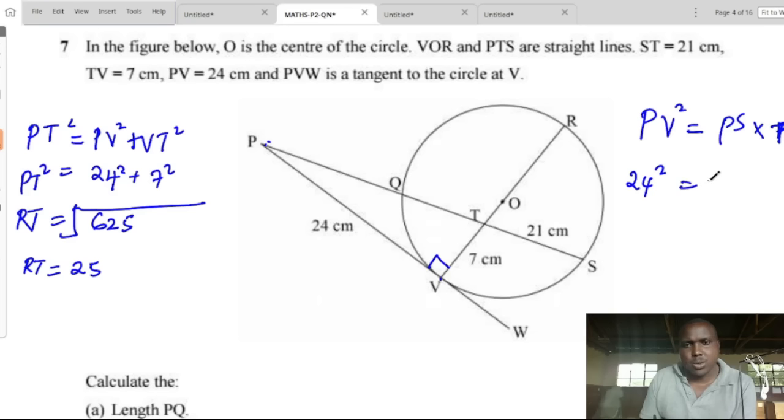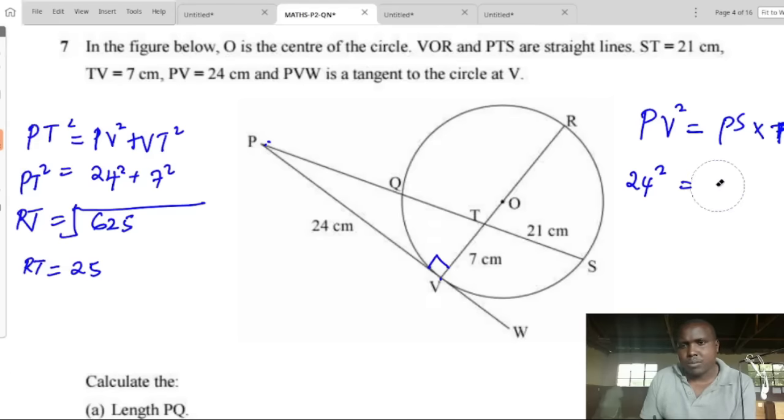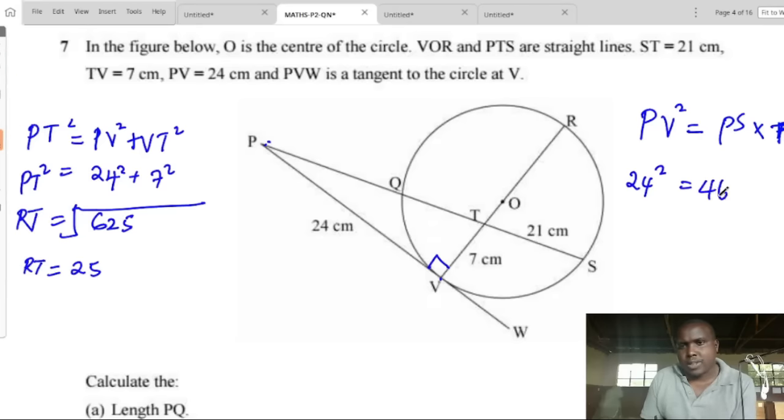PS is equal to 25 plus 21, that is 46. 46 times PQ. Now this one is 24 squared.